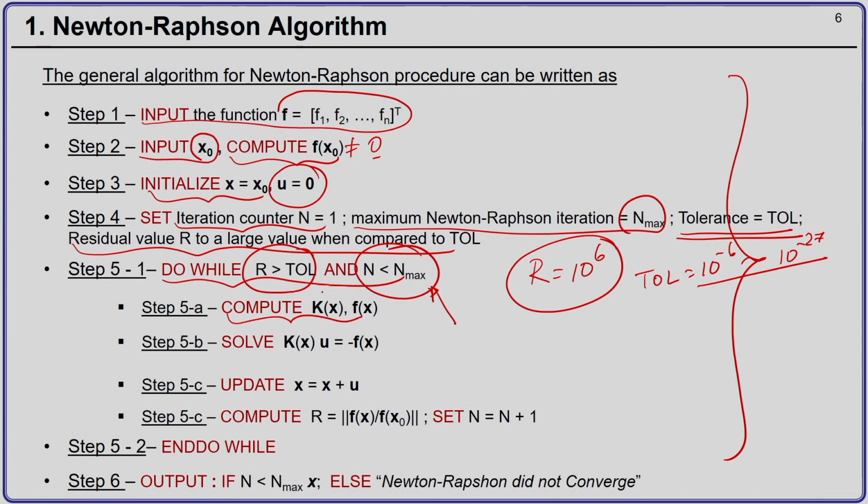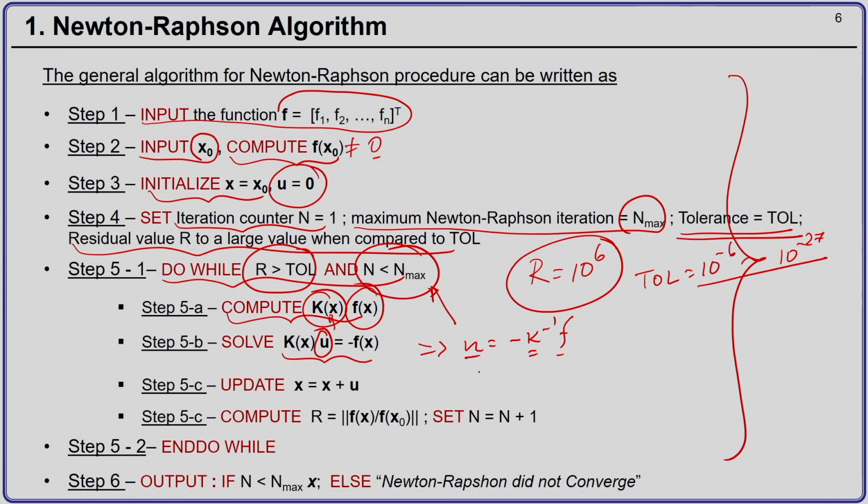We compute our gradient, that is the tangent matrix k at the solution point x. So, for n equal to 1, this x will be equal to x 0, and also we calculate the function f at x 0, and then we solve for the direction u using k u equal to minus f. Therefore, u equal to minus of k inverse f.